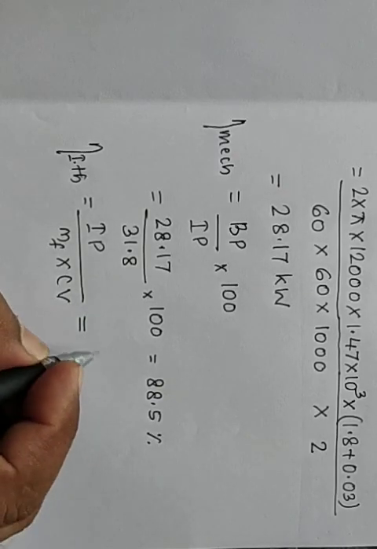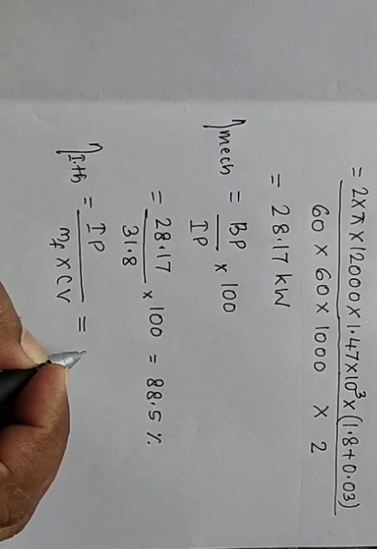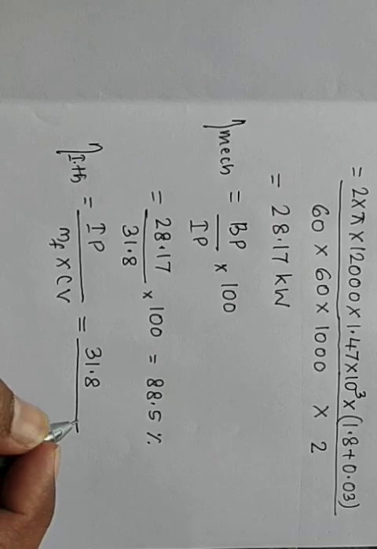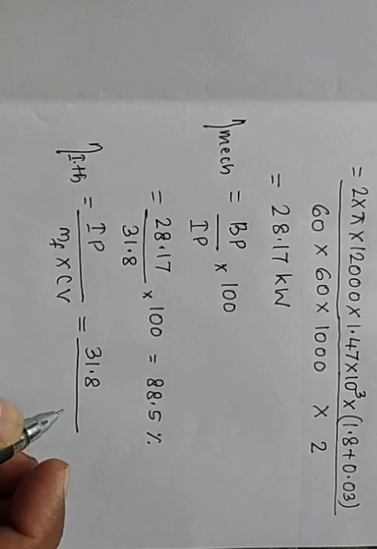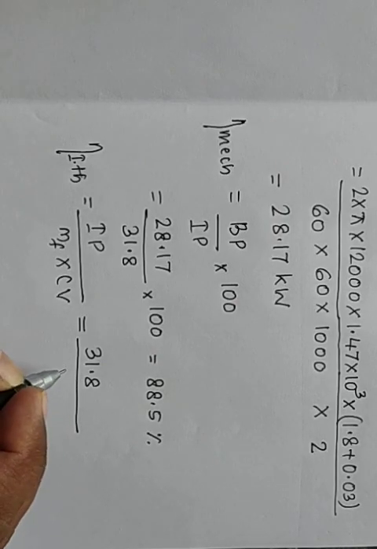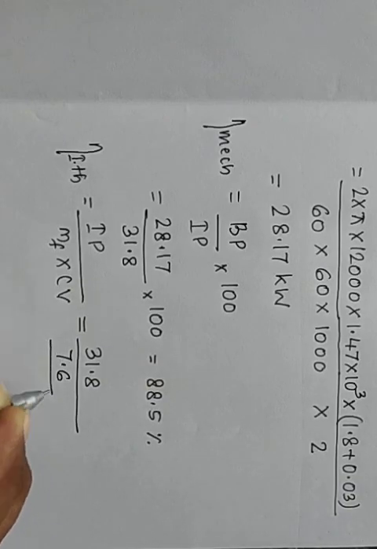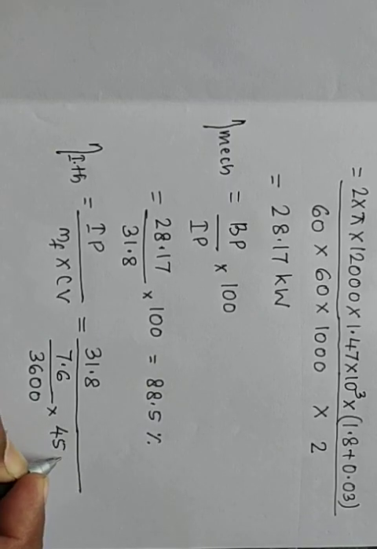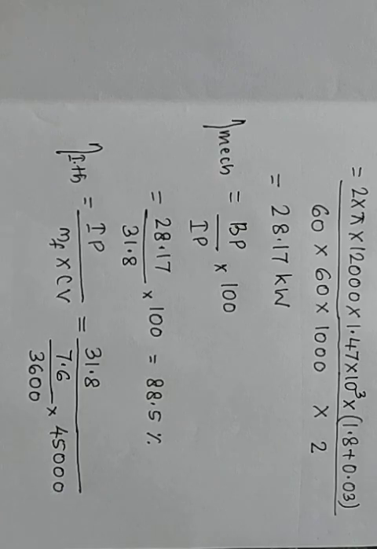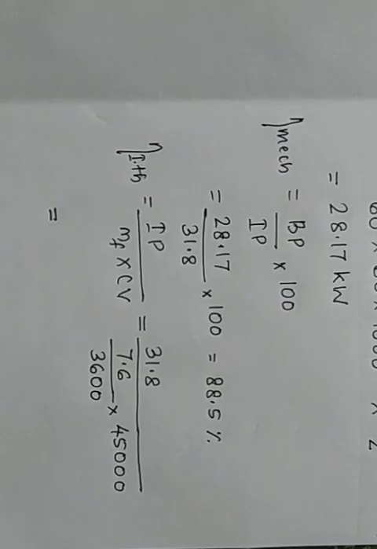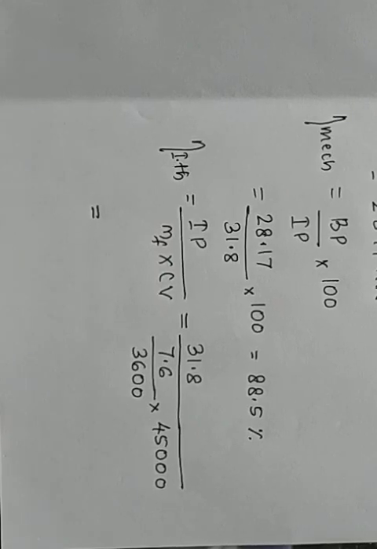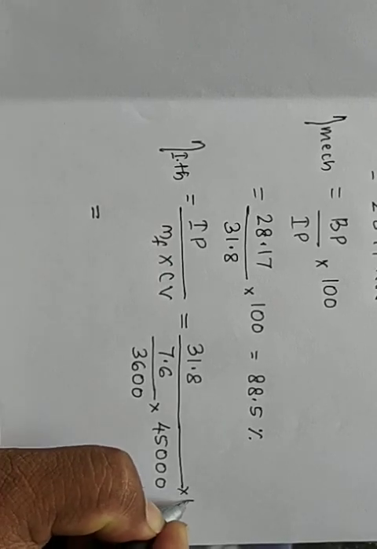That is, IP value is 31.8 divided by mass of fuel consumed. So mass of fuel consumed is 7.6, 7.6 divided by 3600 into calorific value, that is 45,000. So find out this value. So you will get the value of indicated thermal efficiency. So multiply this by 100 again.